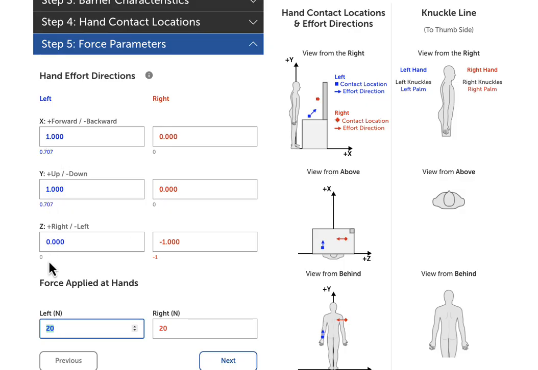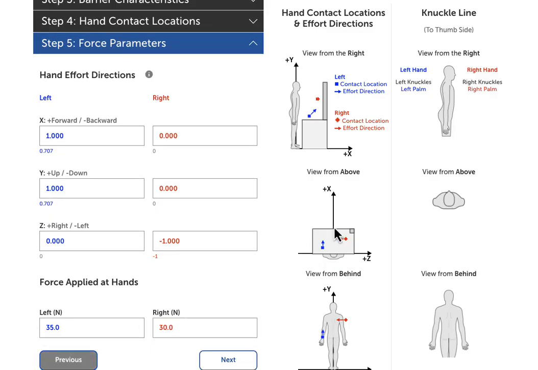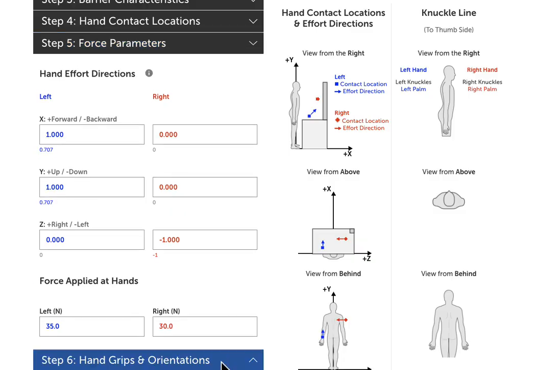That's why it's called a unit vector. In this case, because it's all in the left direction, the unit vector is -1. So if you know the unit vectors, you can enter those as well. In this case, we're going to assume the force is 35 newtons for the left hand and 30 newtons for the right hand. And that will affect the length of this vector.